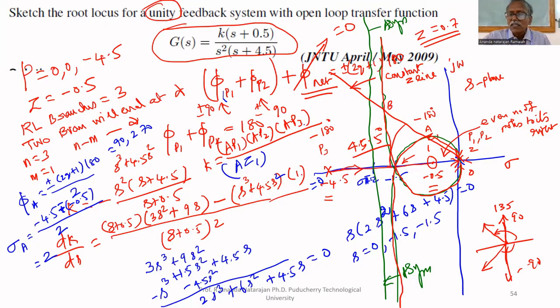Let us assume that the point A is minus 0.4, comma, plus J. So from that point to all poles, what is the distance? We'll find it. Point A is at minus 0.4 plus J. Am I correct or not?